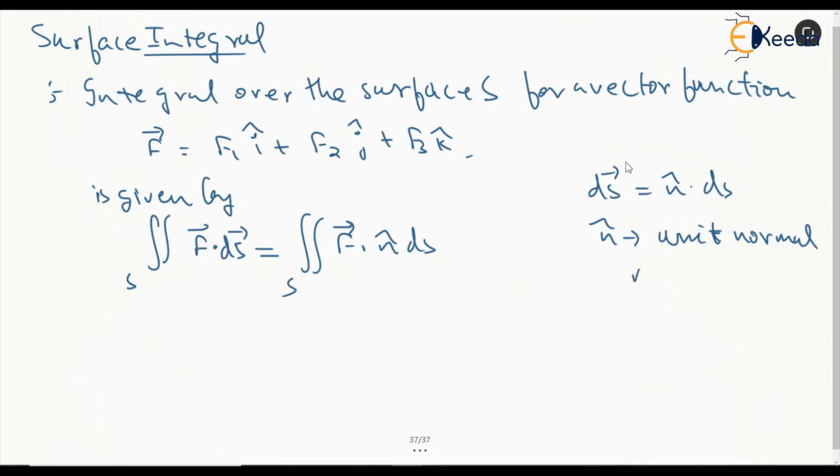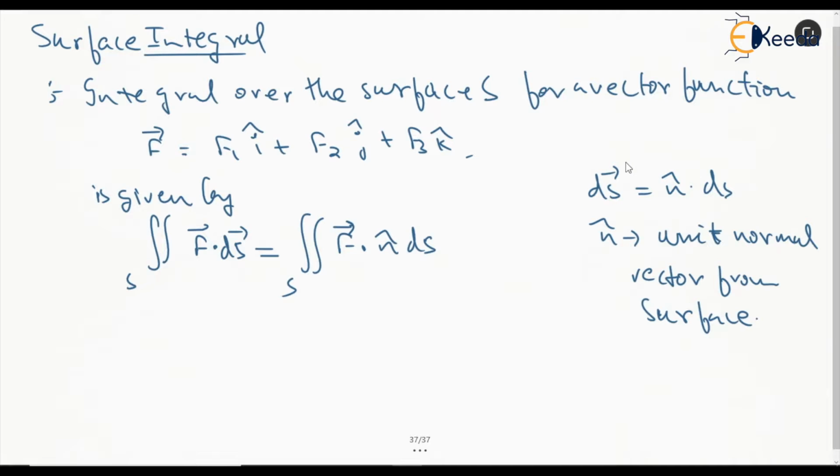It will be the outward unit normal, obviously. So unit normal vector from the surface, right? So this is the surface integral which can be given as F dot n cap dS. So we have to integrate it over the surface.